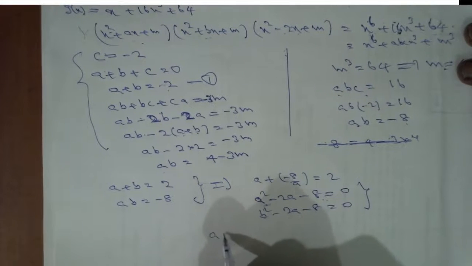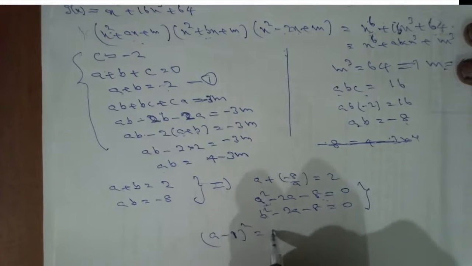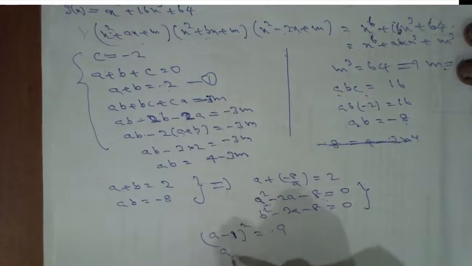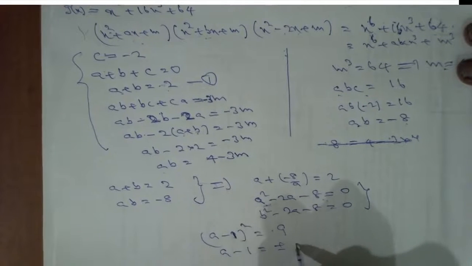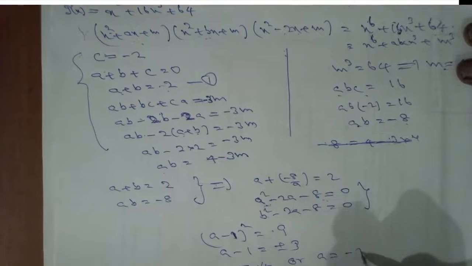Then a minus 1 whole squared equals 9, a minus 1 equals plus or minus 3, so a equals 4 or a equals minus 2. If a equals 4, then b equals minus 2.